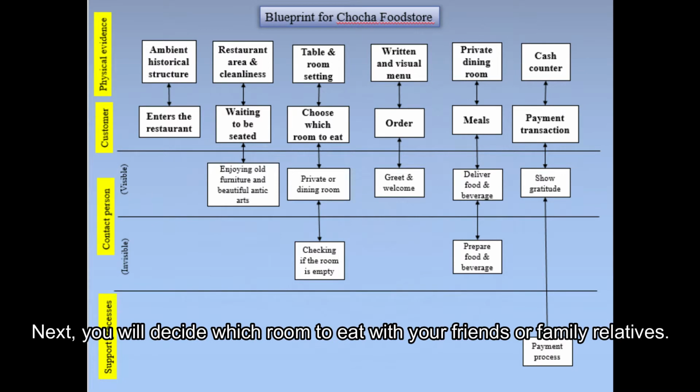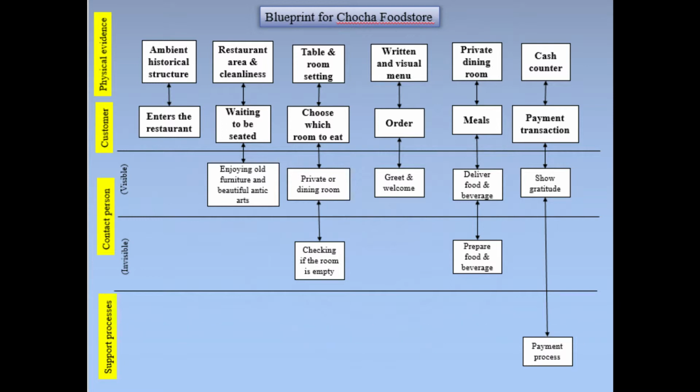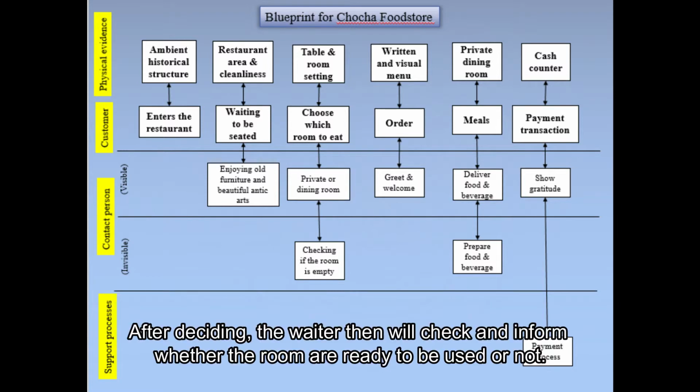Next, you will decide which room to eat in with your friends or family relatives. After deciding, the waiter will check and inform whether the room is ready to be used or not.